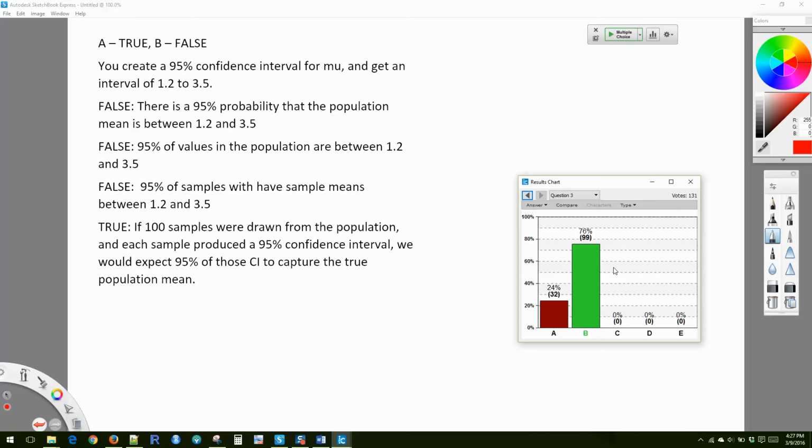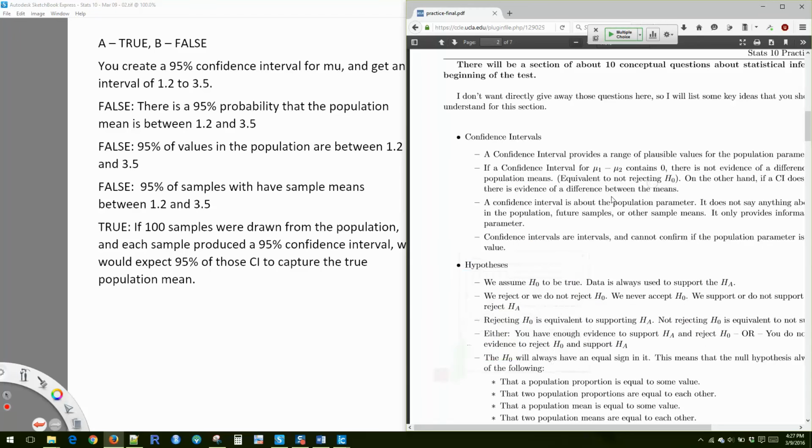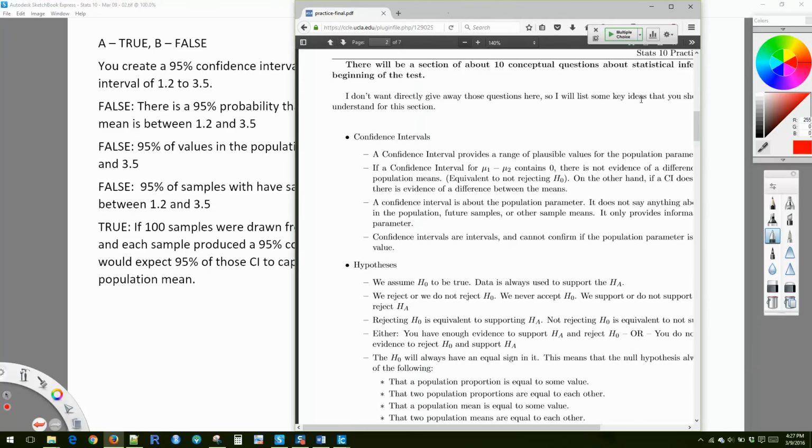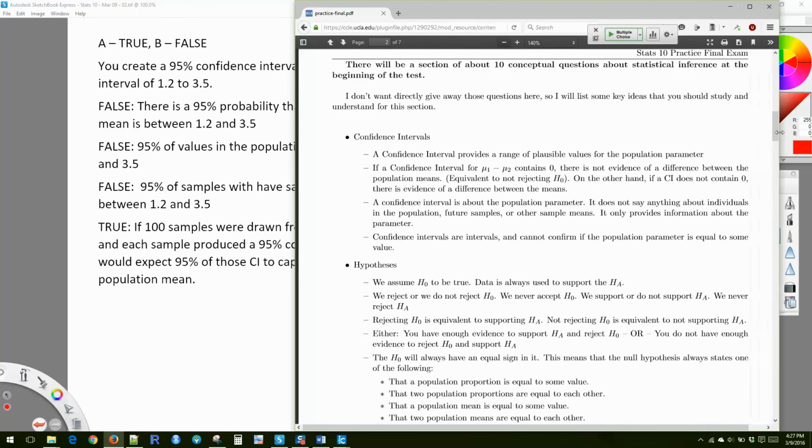So I'm putting these out here so you can identify which statements are definitely going to be false, and I'll publish these online so you can study. Those are some of the key points regarding confidence intervals.